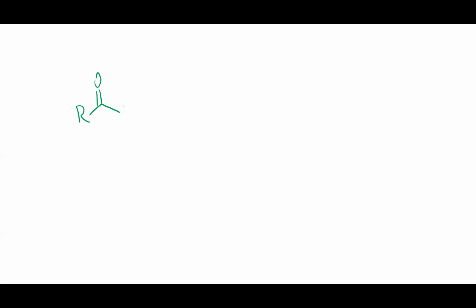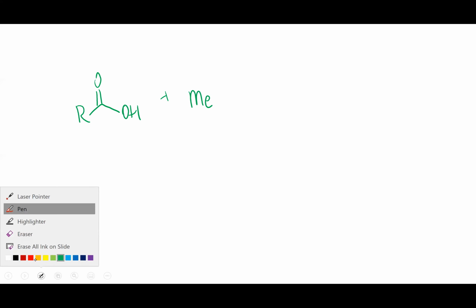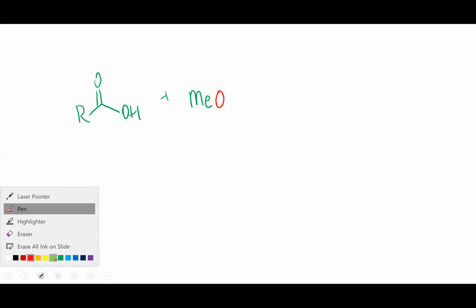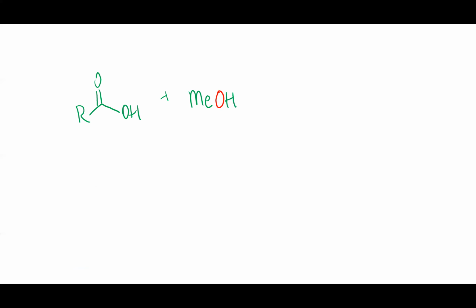If we take a carboxylic acid and we make an ester, or have methanol that has a heavier isotope of oxygen, and so this, we often use oxygen 18, and look at where that ends up.